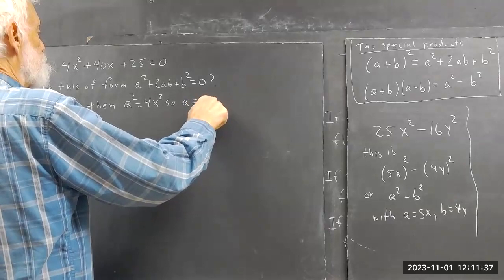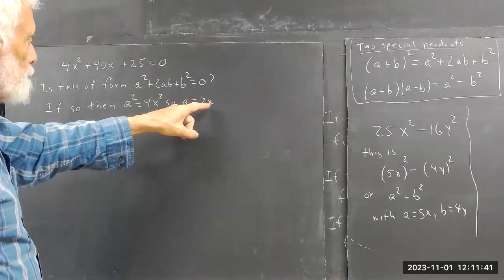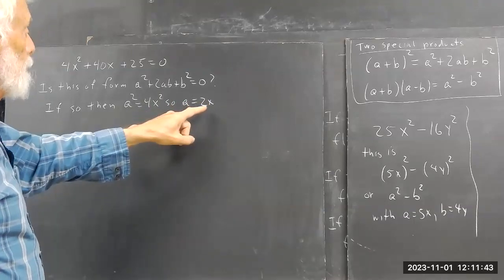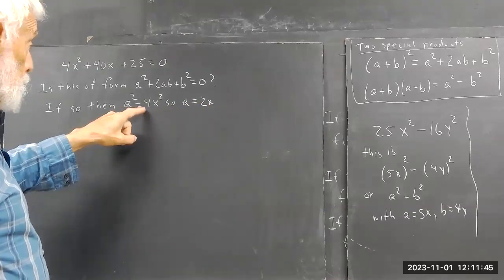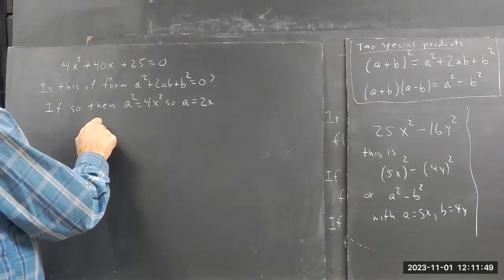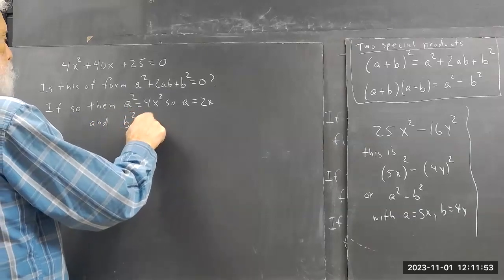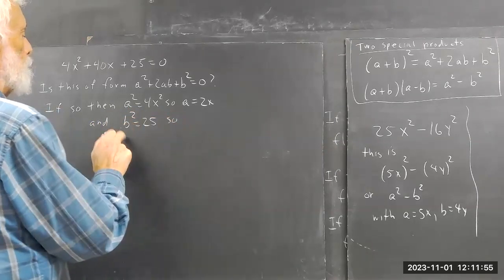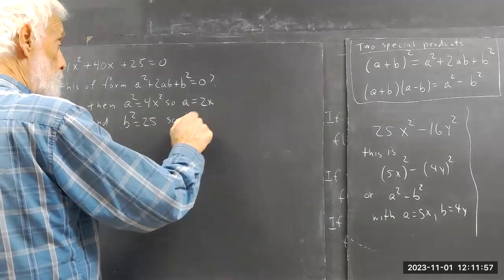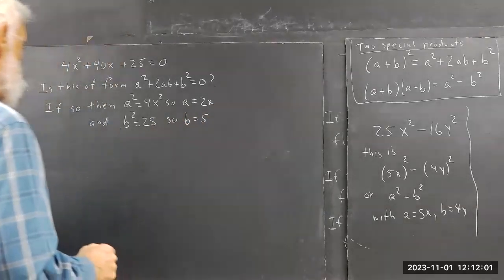So if a squared is 4x squared, we'd have to square x to get x squared, and you'd have to square 2 to get 4. B squared equals 25. Well, what do you square to get 25? You got to square 5.